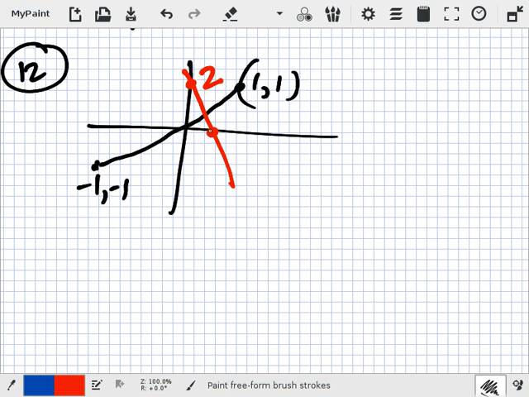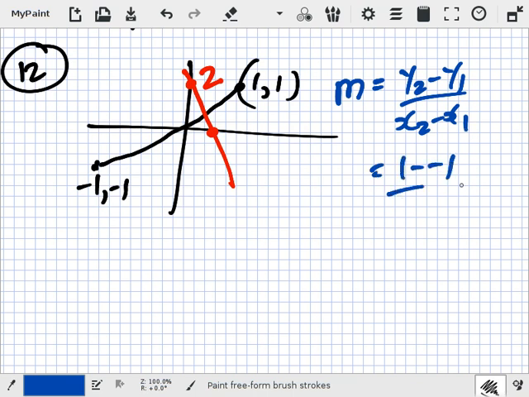First thing, I'll get the m, using the formula y2 minus y1 over x2 minus x1. That's just 1 minus minus 1 over 1 minus minus 1, which is 2 over 2, which is 1. But for this line, it's perpendicular, so minus 1. Y equals mx plus c, with m being minus 1.